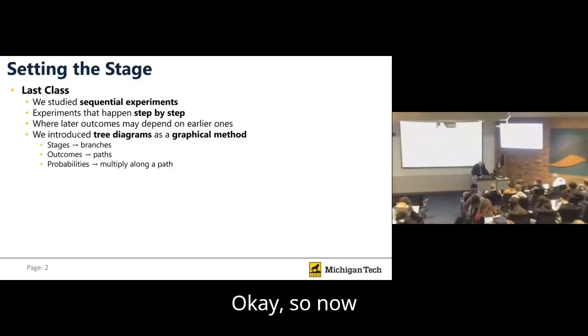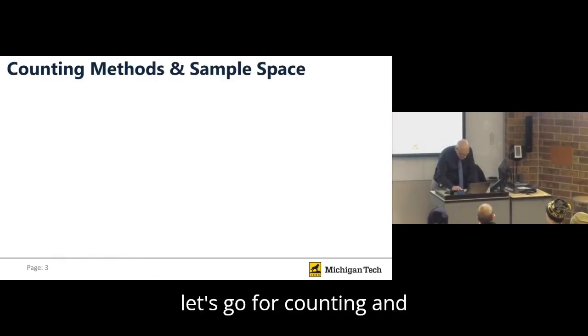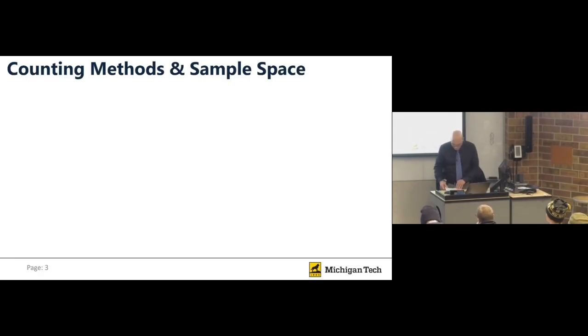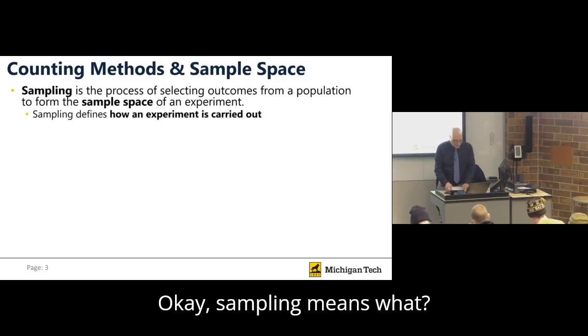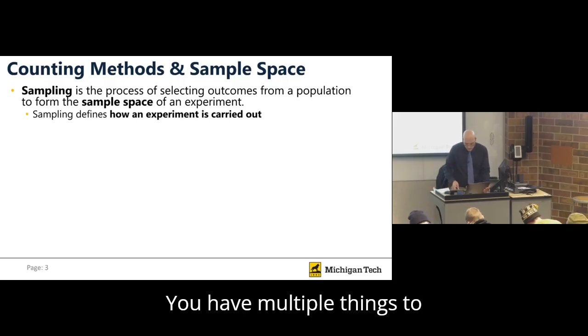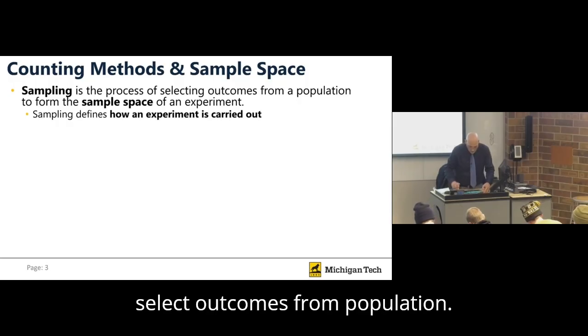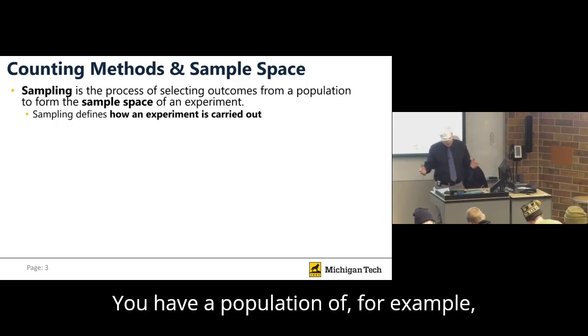OK, so now that we set the stage, let's go for counting and sampling. Sampling means selecting. You have multiple things to select from, and you select outcomes from a population.